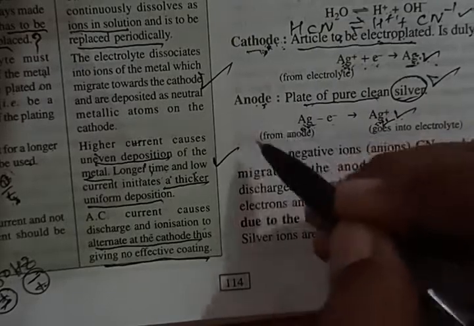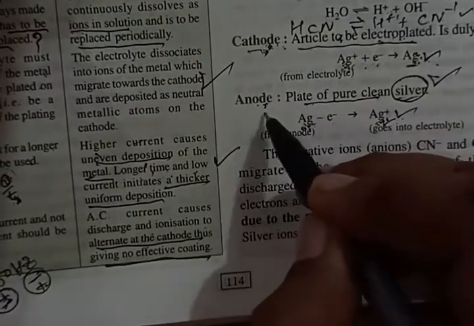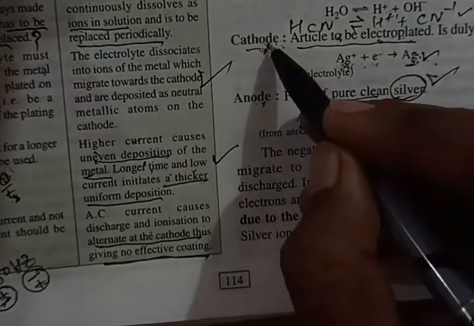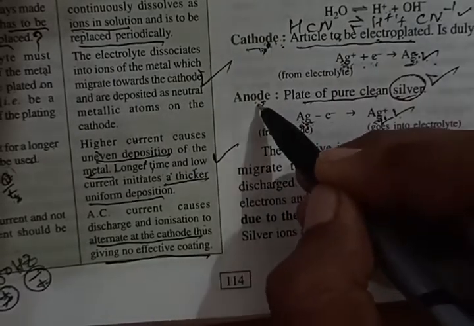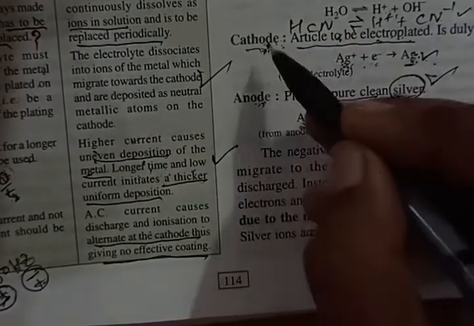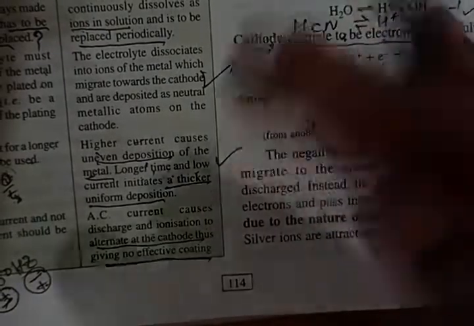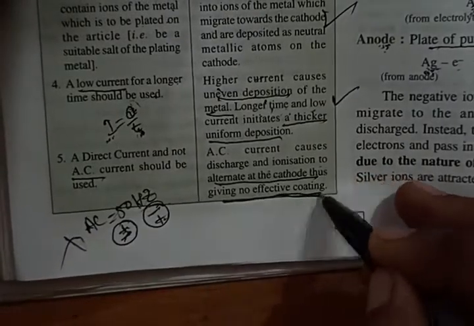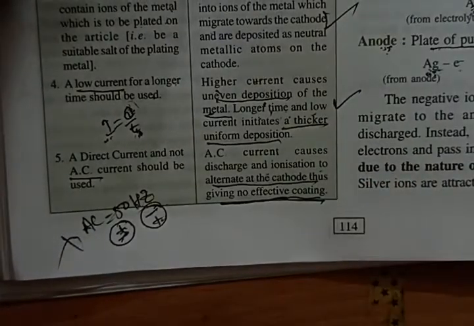So when the anode becomes the cathode, silver ion will deposit here. For a fraction of a second it will deposit here, another fraction of a second here, then there, then here. So alternating deposit takes place, and therefore the deposit is not effective. Hence we will not get a good result for electroplating.